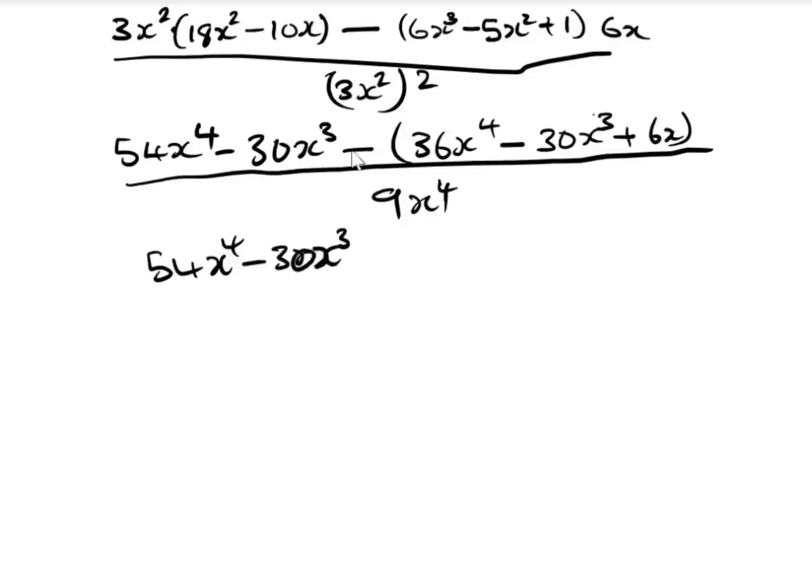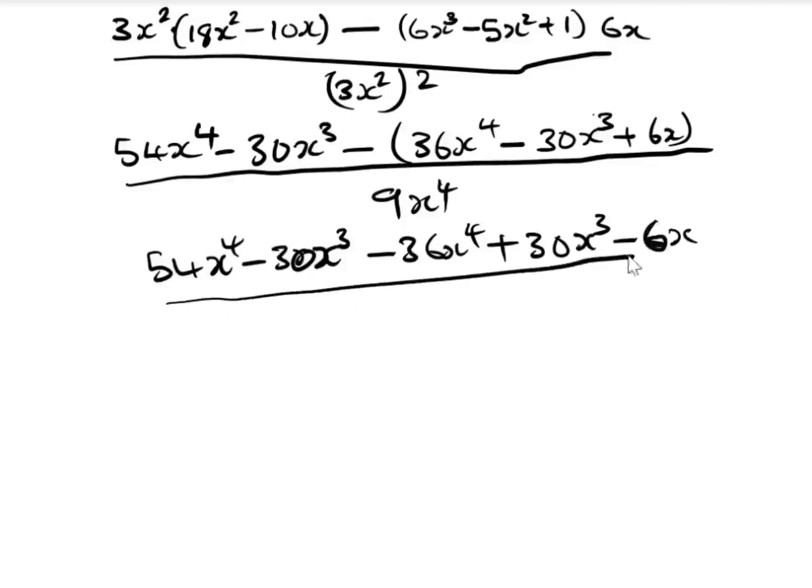Then if I use this minus to open the bracket, I'll be having minus 36x power 4 plus 30x cubed minus 6x, divided by 9x power 4.